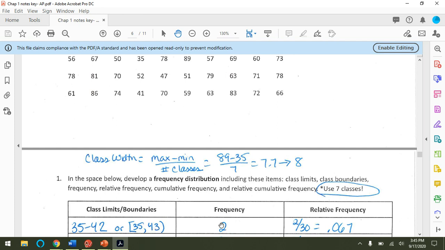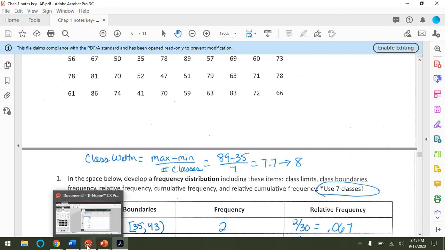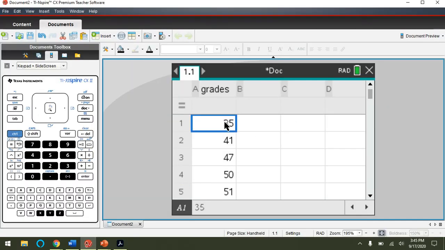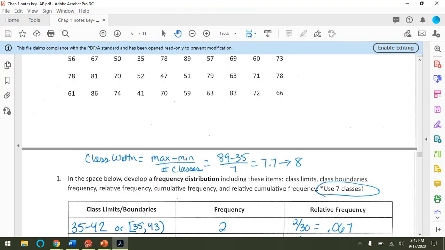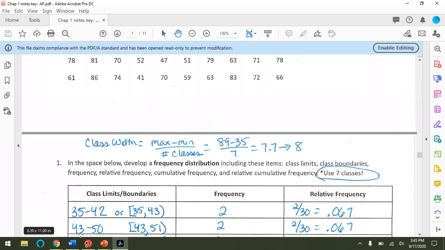You might be saying, well, where's 2 coming from? 2 comes from my list. If I go back to my calculator, how many data points are between 35 and 42, or 35 and up to 43 but not including 43? There's only 2 of them. If this ends at 42, then the next class is going to start at 43, right?